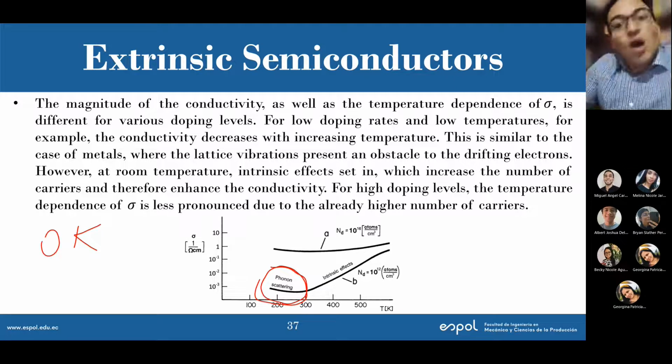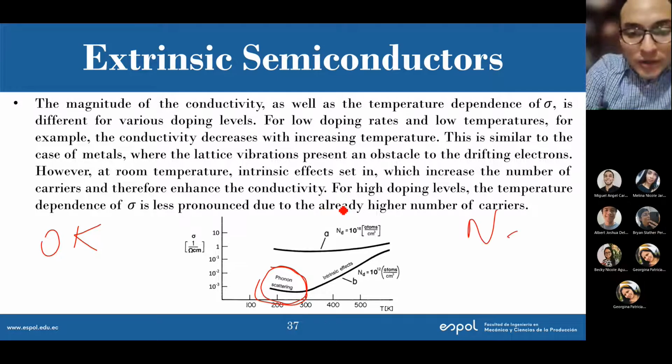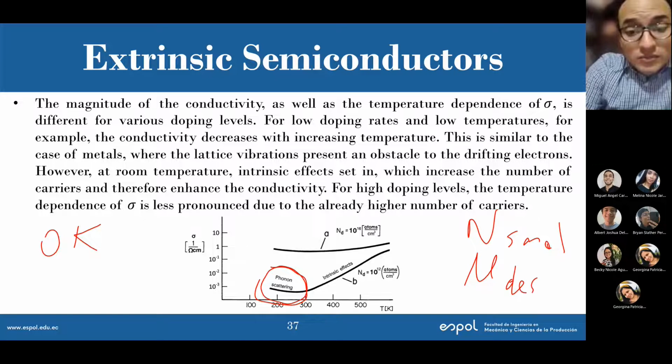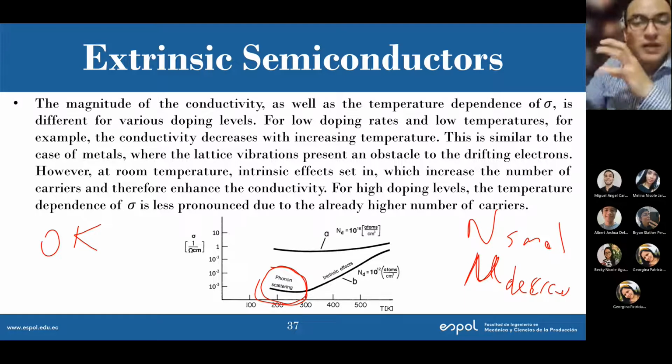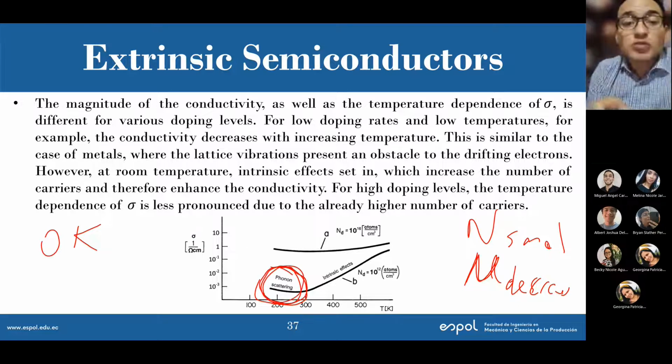And because I don't have a lot of electrons or holes to move, I have a small number of N, and mobility is decreasing. Because obviously, there are a lot of collisions and lattice vibrations. And therefore, overall, in this region, conductivity decreases. But it's just in that region.